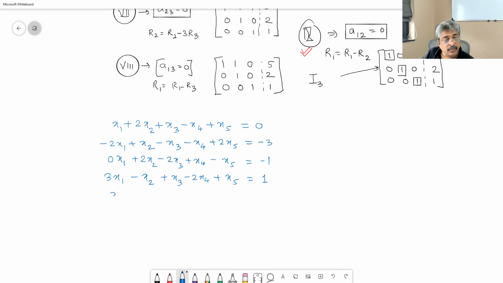Last equation: x1 plus 0 times x2 minus x3 plus x4 minus x5 is equal to 2.